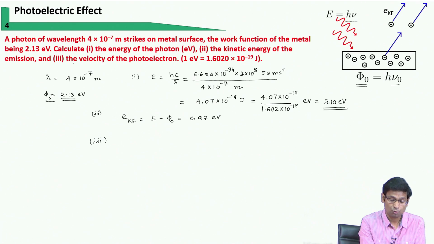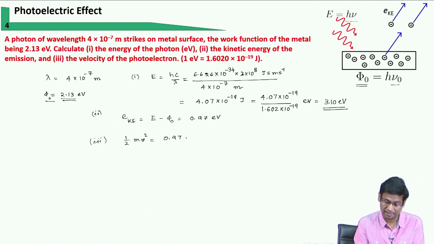The third bit asks what is the velocity of the photoelectron. So, this is kinetic energy, which can be written as half m v square, which is 0.97 electron volt. Now, we can express it in terms of joules. So, this kinetic energy half m v square is given here.